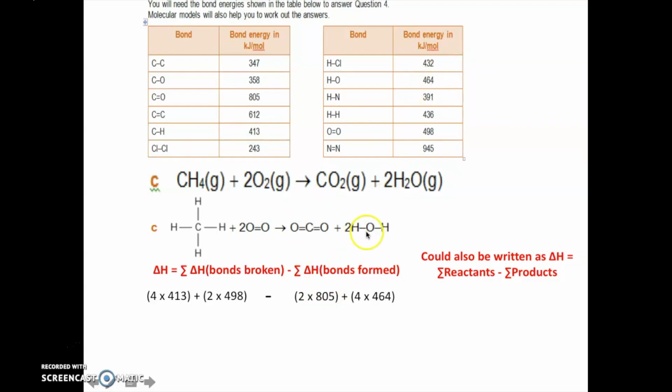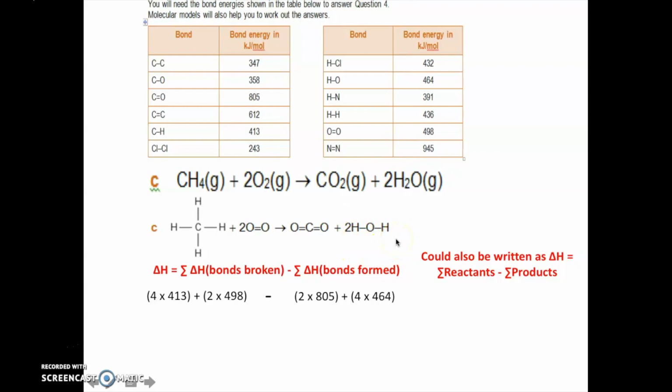So again, there's 1 and 2 here, but obviously there are 2 lots of it. So you'd have to do 4 times 464. I'll just go through that again. There's an OH here, and a second OH here. But there are 2 lots of this molecule, so essentially you draw it out again, OH here and an OH here. So altogether, there will be 4.